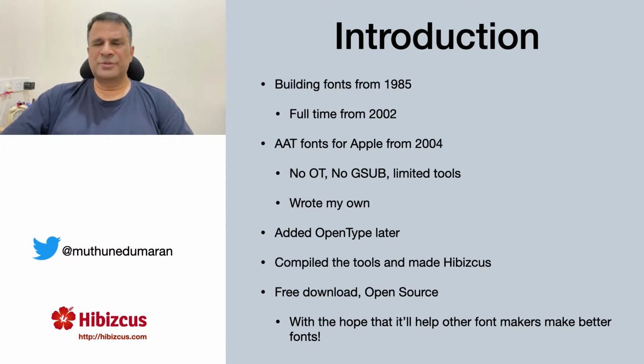And there were no tools available for AAT. There were a handful available for OpenType, but not for AAT. I added support for AAT to all these tools that I wrote myself much later. I compiled all these tools, gave them a graphical user interface, into a tool, and that's Hibiscus.